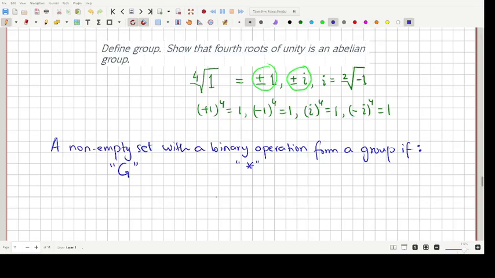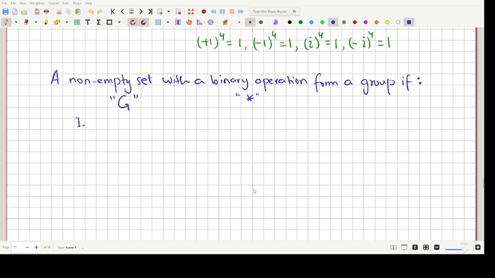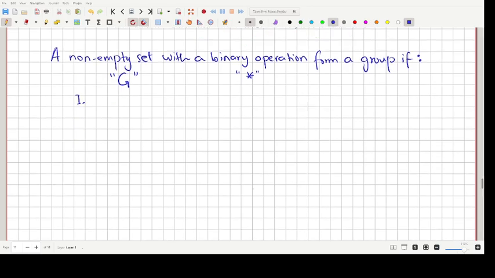The first condition that we have is as follows. Let us scroll our page a little bit so that the entire page is available to us. So the first property is that for a and b that belong to the set G, these are two elements. Even if it is a single element, we can take b as equal to a.